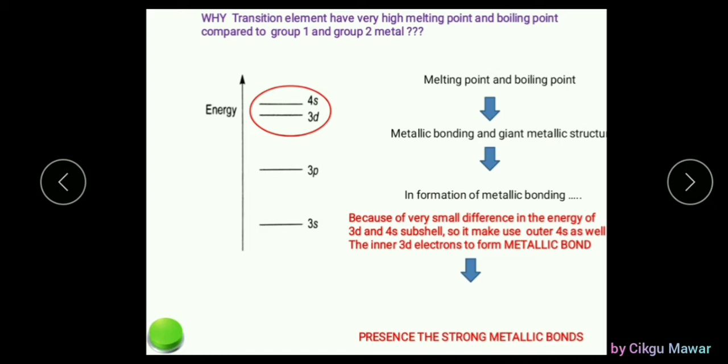So in the formation of metallic bond, it involves both the 4s orbital and the 3d orbital.